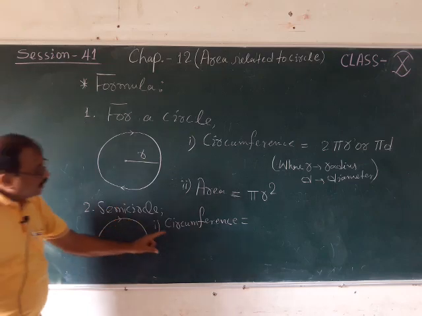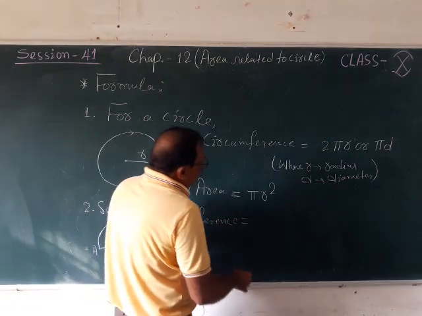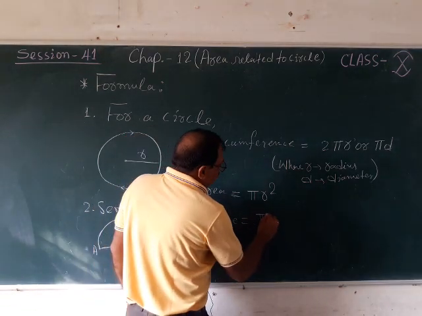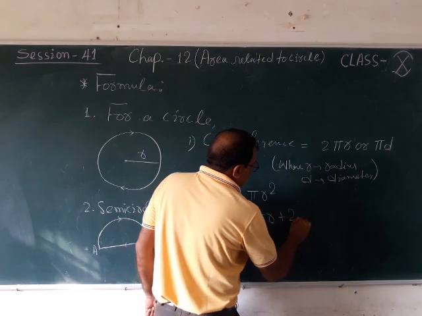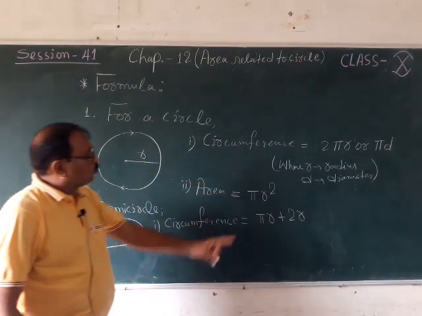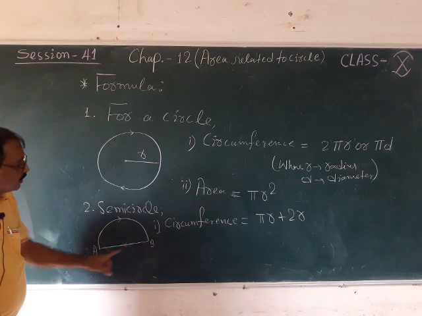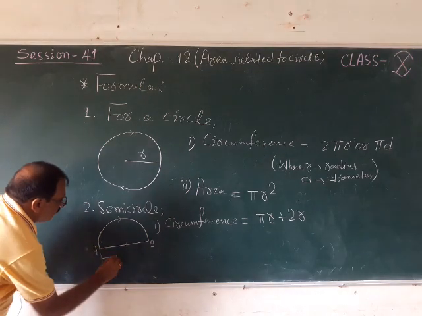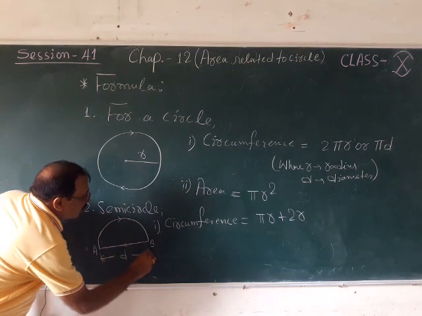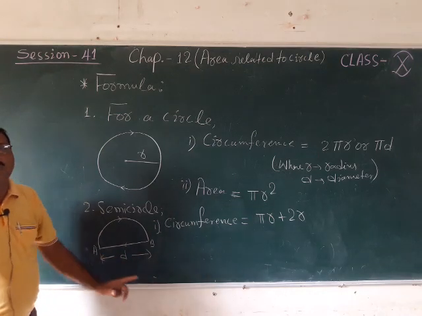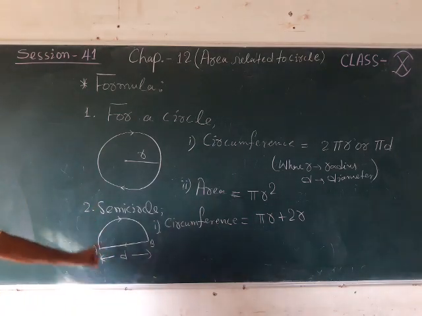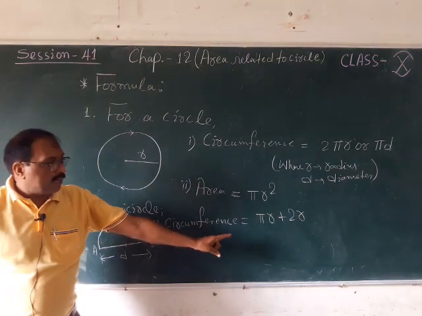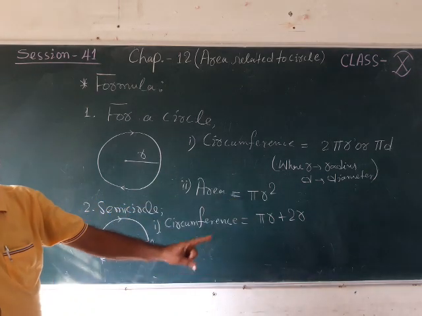So that circumference will be the half of the circle, that means pi r plus 2r. Why 2r? Because AB is the diameter. Here you can see AB is the diameter, and you are aware that d equal to 2r. So circumference of a semicircle is given by pi r plus 2r.